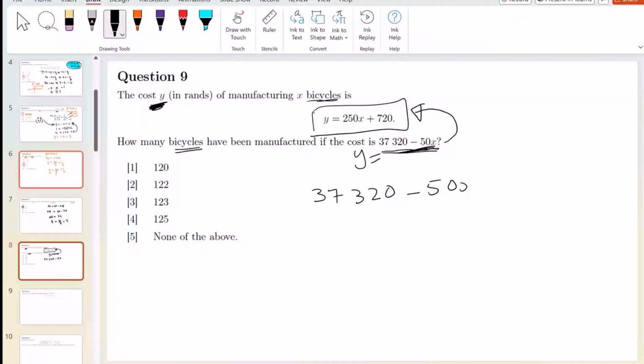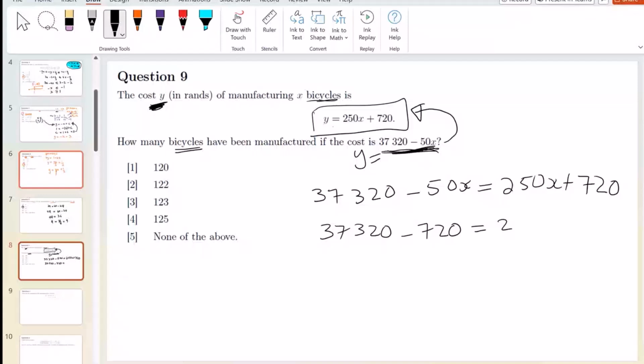The whole thing is equal to, you substitute it here, 250x plus 720. So you're going to have 37 320 minus 720 is equal to, putting all the like terms together, 300x.